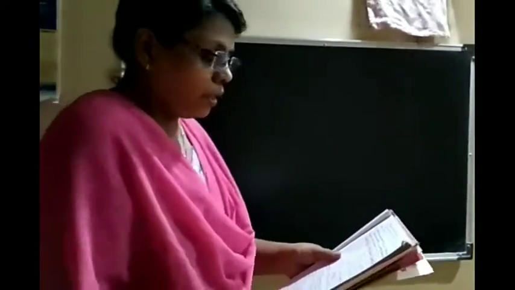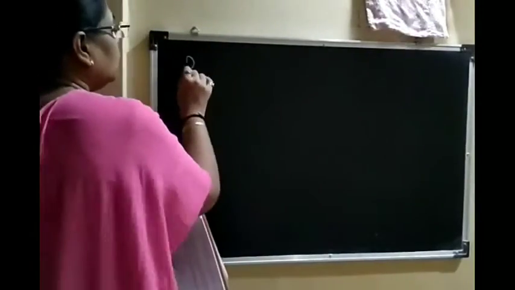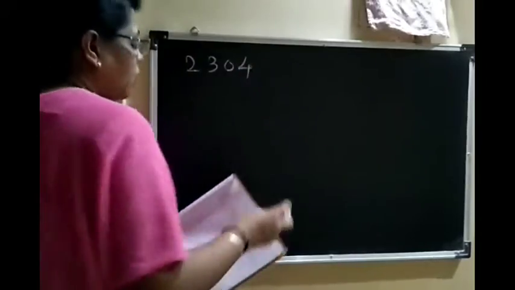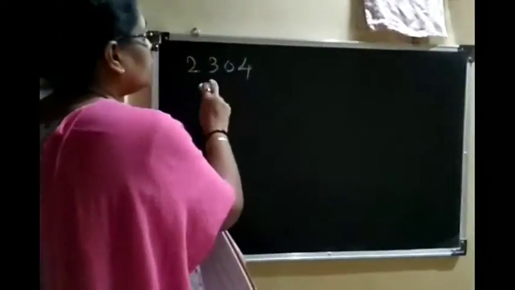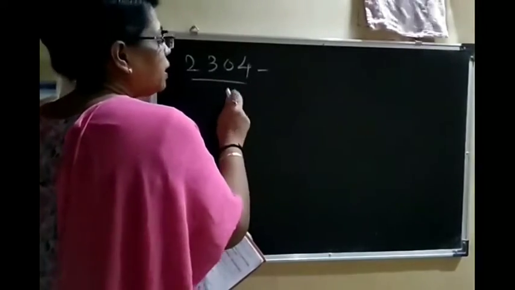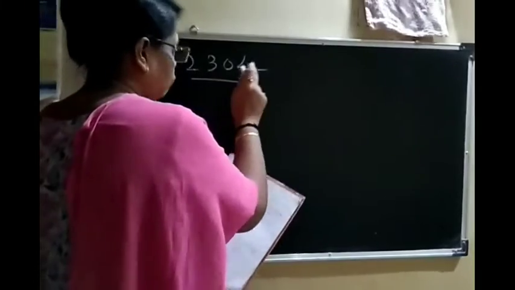Here, a number plate of a car is given. They have given an example. First of all, they have solved for us. You first have to make 3-digit numbers from these given figures 2, 3, 0, 4.